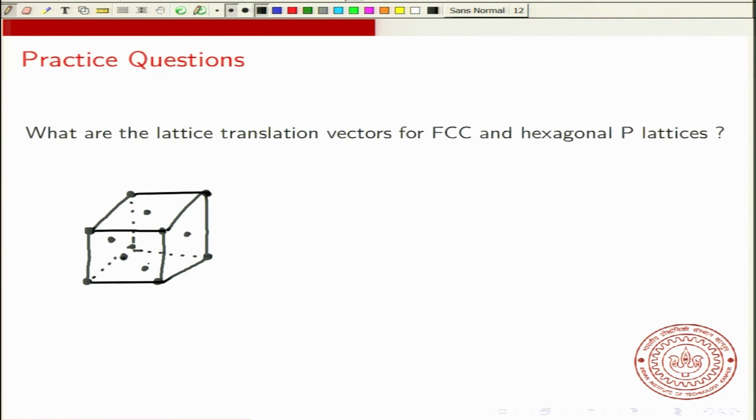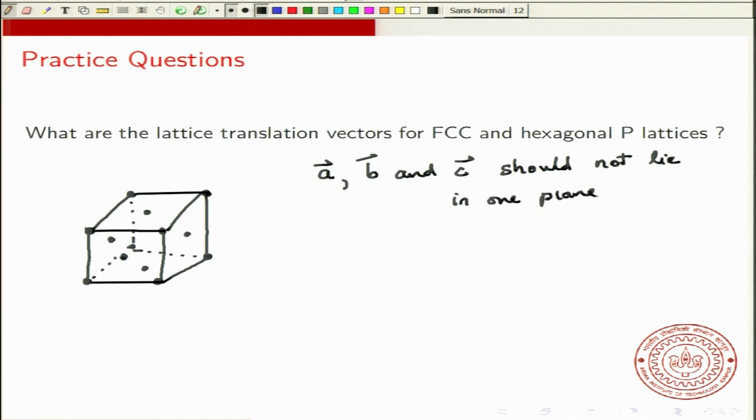One choice would be A, B and C, which should not all be in one plane, because if they lie in one plane, then their linear combinations will only give other points that lie in the same plane.